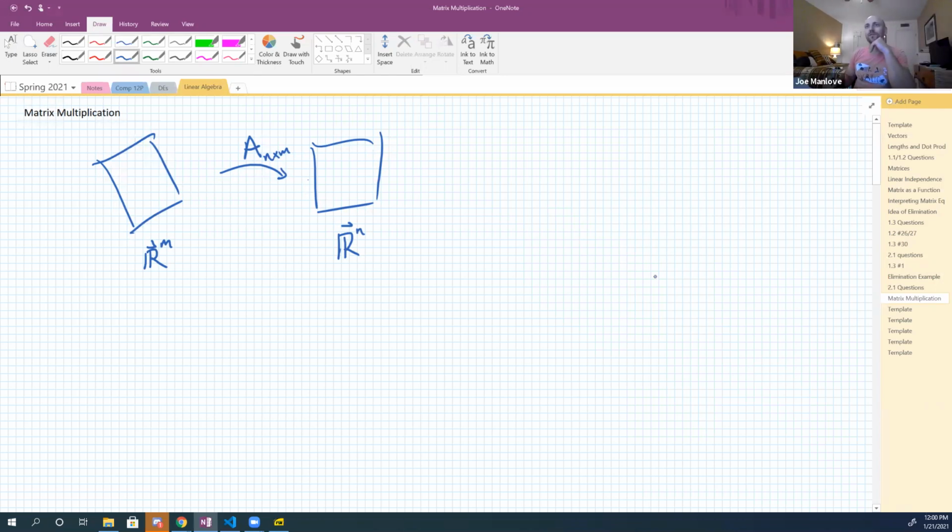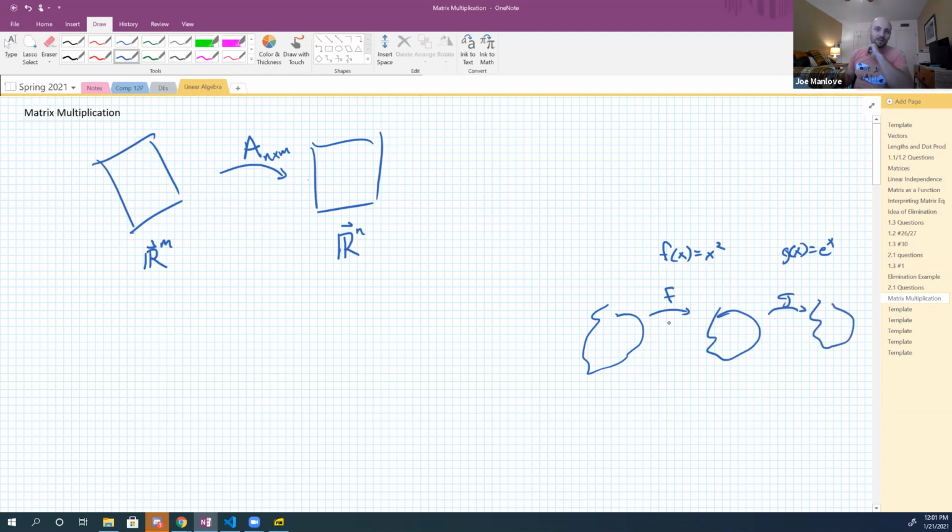So, for instance, if I had two functions like, say, f of x is x squared and g of x is e to the x, that would mean that if I started with a number over here and did f to it and then did g to that, what would I get?